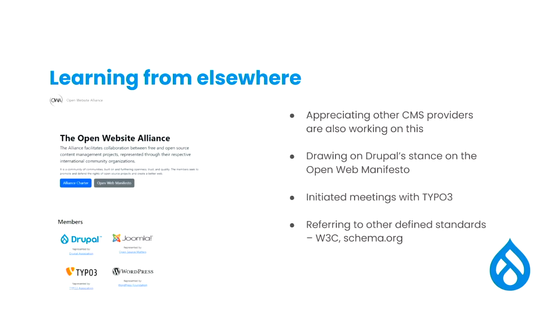Through contacts met in various circles, we've initiated meetings with Typo3 and are learning about how they look at their words and how they name things. One of the ideas that came out of one of the BOFs was referring to other defined standards such as W3C and schema.org to look at areas of consistency there that we can draw upon.